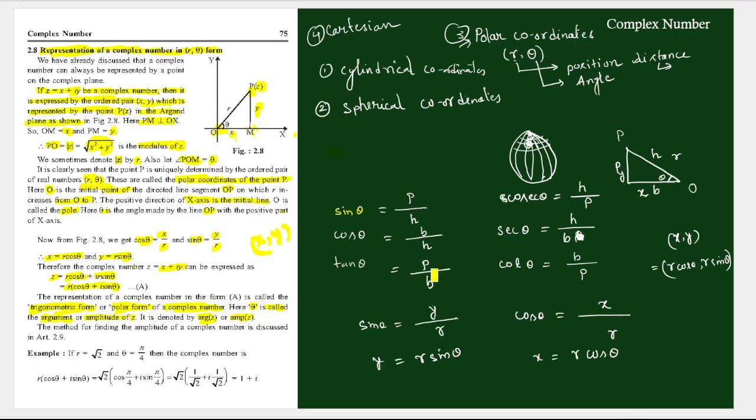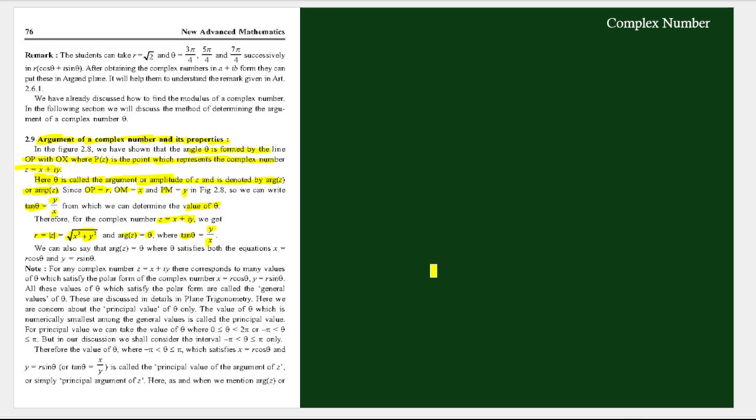So from there we have got the relation between x, y, and theta. So we can say that argument of z equals theta, where theta satisfies both the equations x equal to r cos theta and y equal to r sin theta.